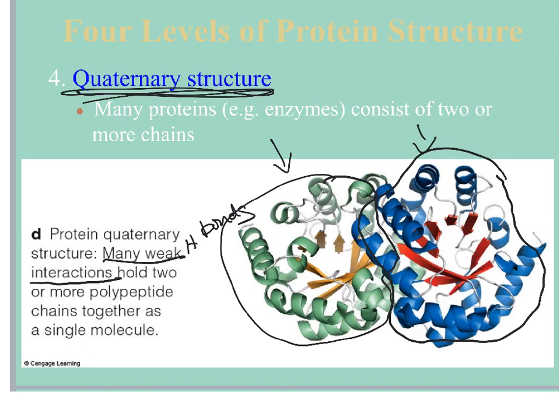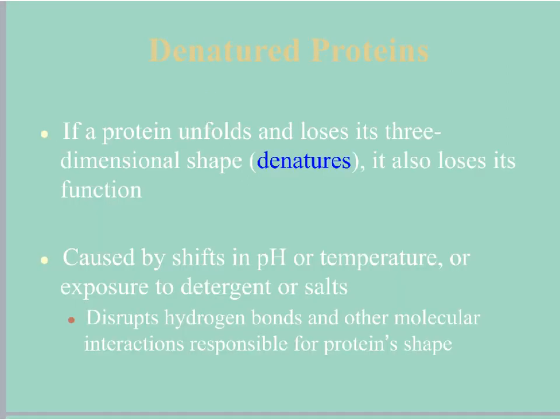Now, what if some sort of condition or environment causes these bonds to break? Those hydrogen bonds start breaking. What's going to happen to those chains? Those chains are going to start to lose their structure. You start snipping these bonds, and all of a sudden, the protein loses its shape. And when a protein loses its shape, it loses its function.